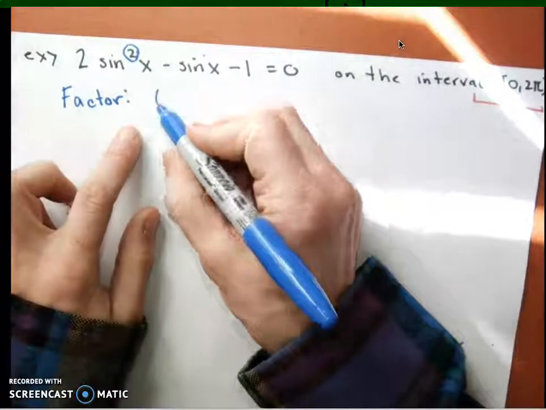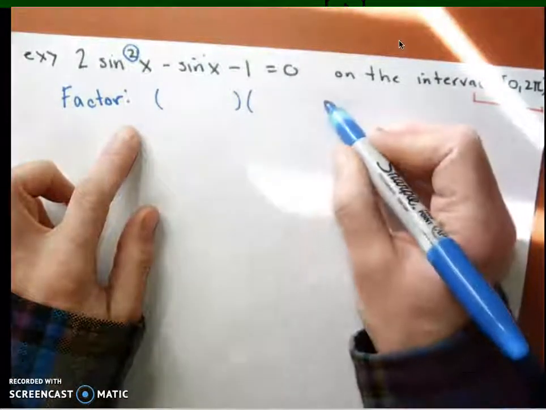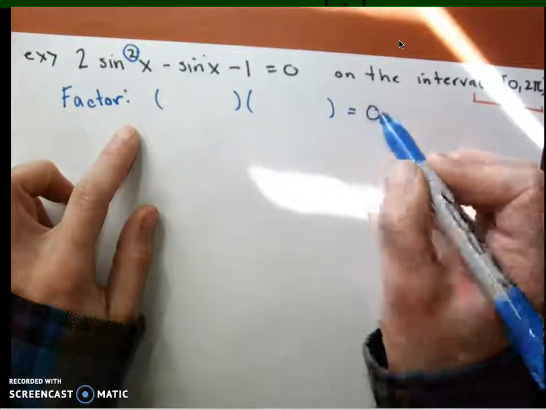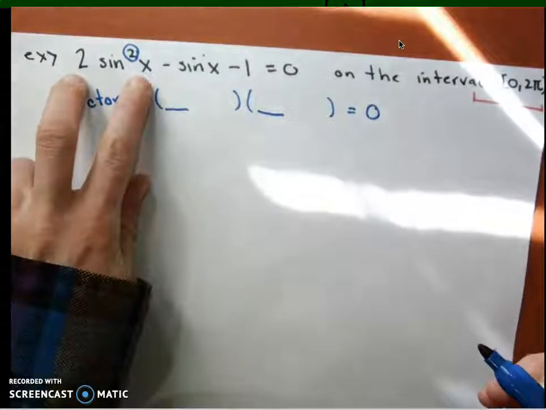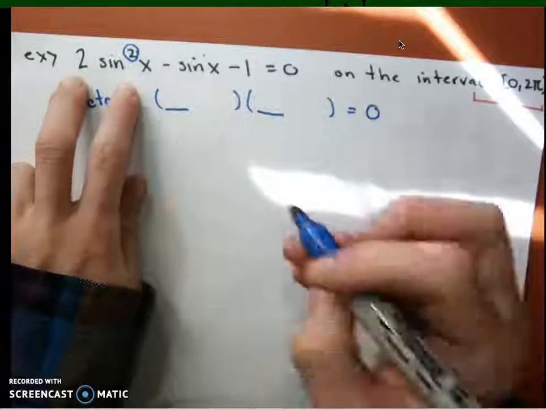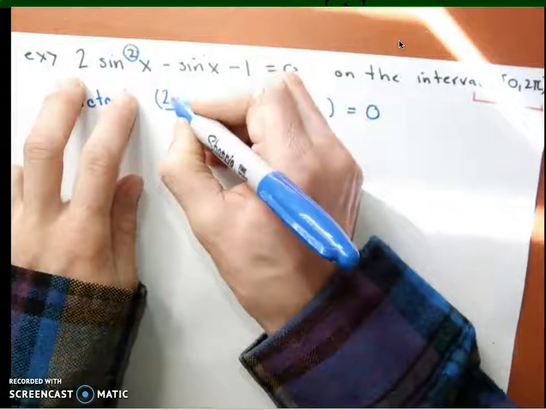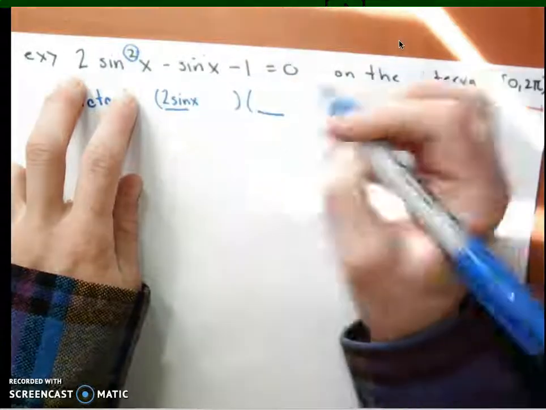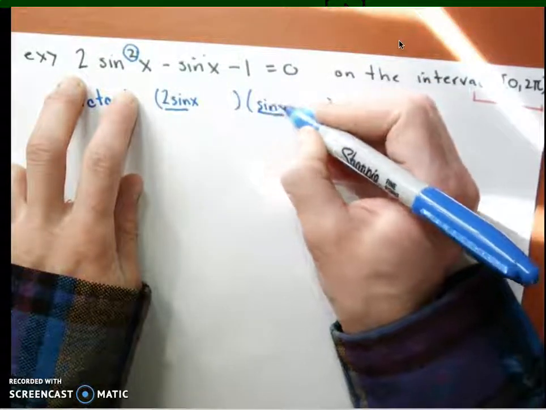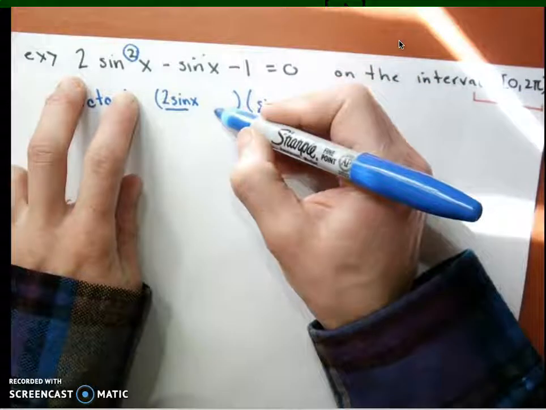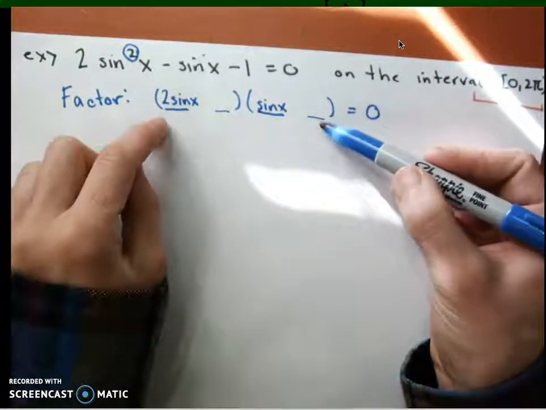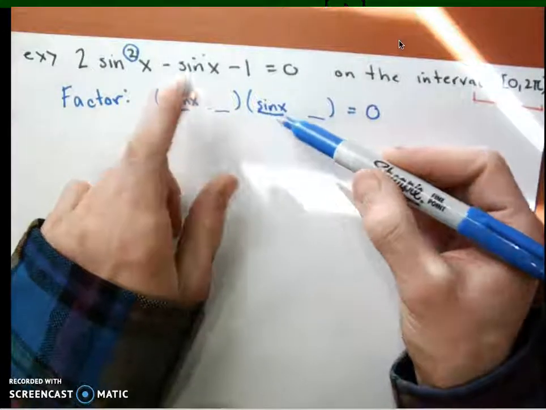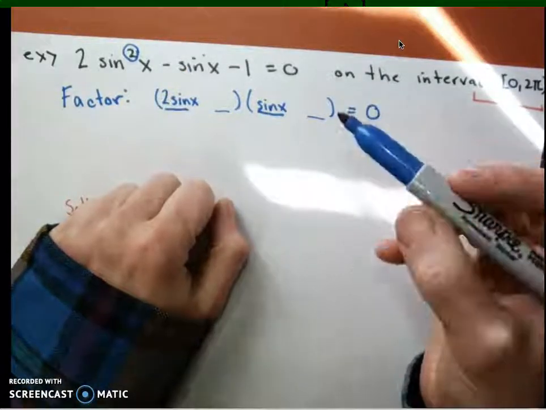So to factor this, I'm going to separate it into two terms, and that's going to equal 0. This term times this term better multiply to 2 sine squared x. So the only way I can do that is if I put 2 sine x on one and sine x on the other. This term and this term have to multiply to minus 1, but when I do the outer and the inner together, that has to add to minus sine x.